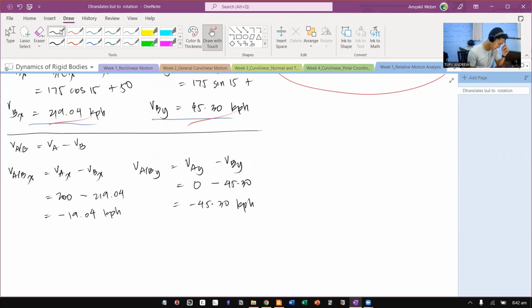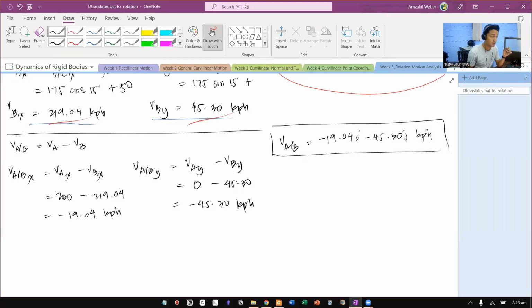One is VA/B equals negative 19.04 i minus 45.30 j kph. This is the relative velocity. But of course, you can also express it in scalar form.